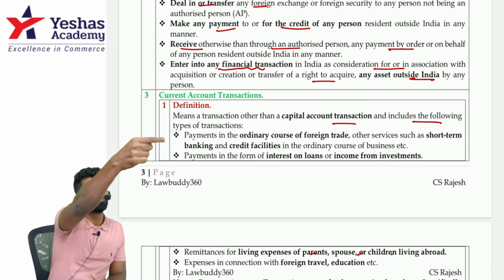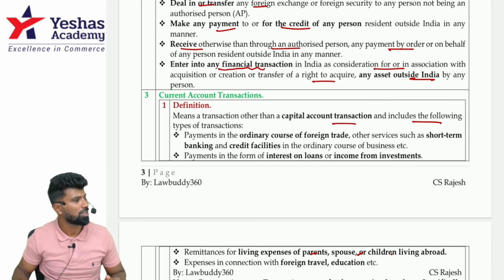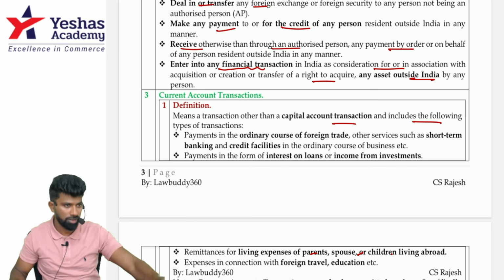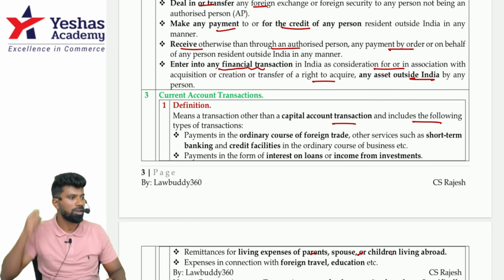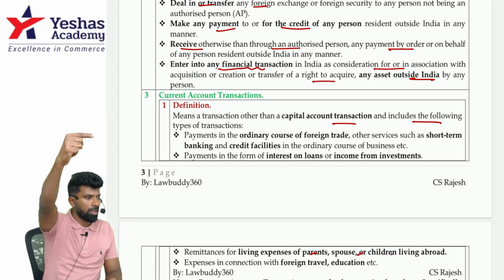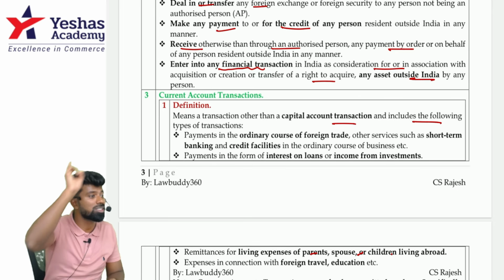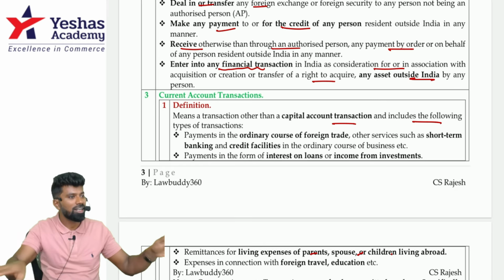If I purchase goods on cash basis, will it create any asset or liability for me? If I buy machinery from a person in USA, and once I make payment, will there be any asset or liability outside India for me? It is done, it is a cash transaction.